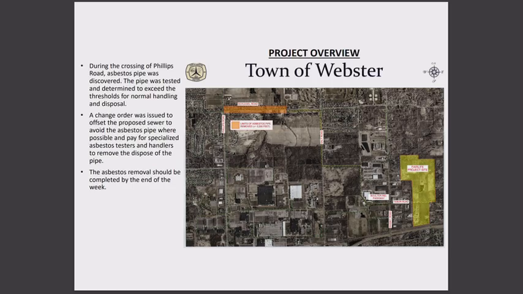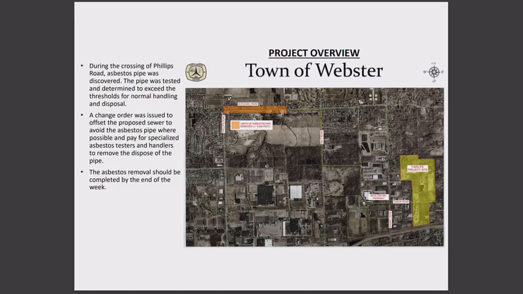The town did provide record plans, and in one small corner it made reference to an abbreviation for asbestos pipe, but that was not noticed by anybody during the design process, and we weren't made aware of it until the contractor started removing it, and we said, hey, wait, we thought it was reinforced concrete pipe, this is asbestos concrete pipe. The difference is that asbestos is a contaminant, and per the Department of Labor needs to be disposed of properly. So it can't be disposed of in the same manner that normal pipe could be.